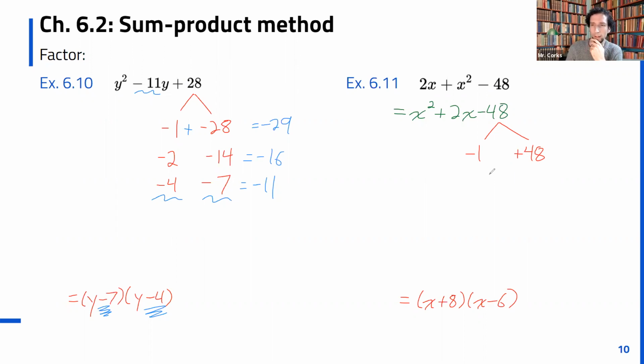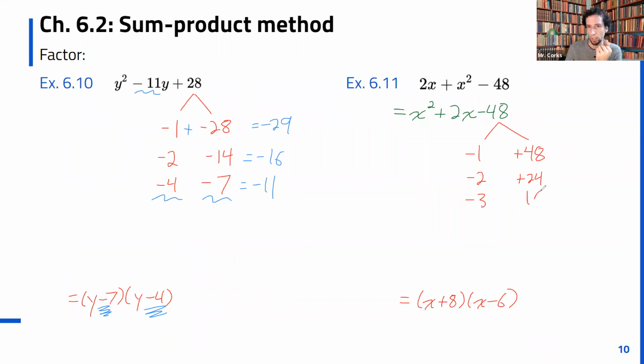What are the next pair of factors? -2 and 24, -2 and positive 24. I'll just keep the positive for clarity. And the next one? -3 and 16.